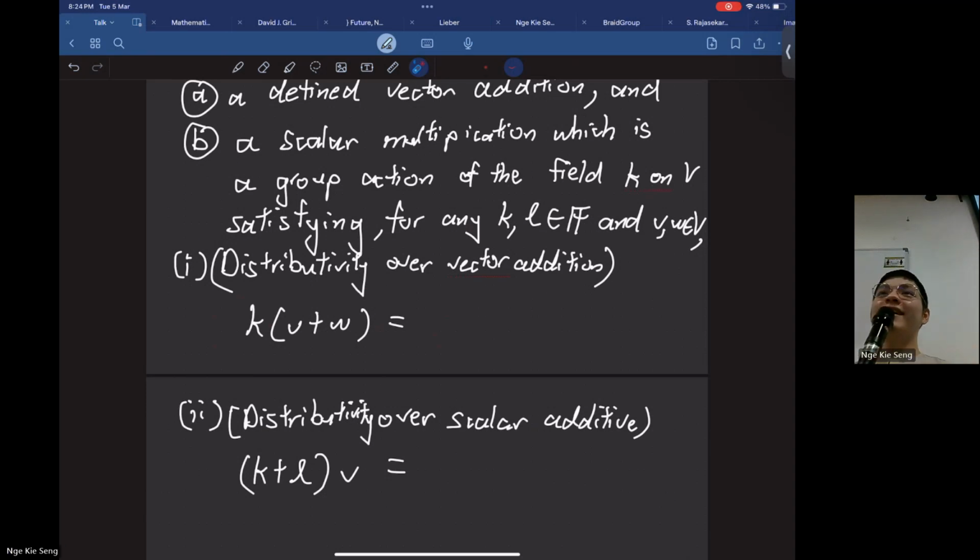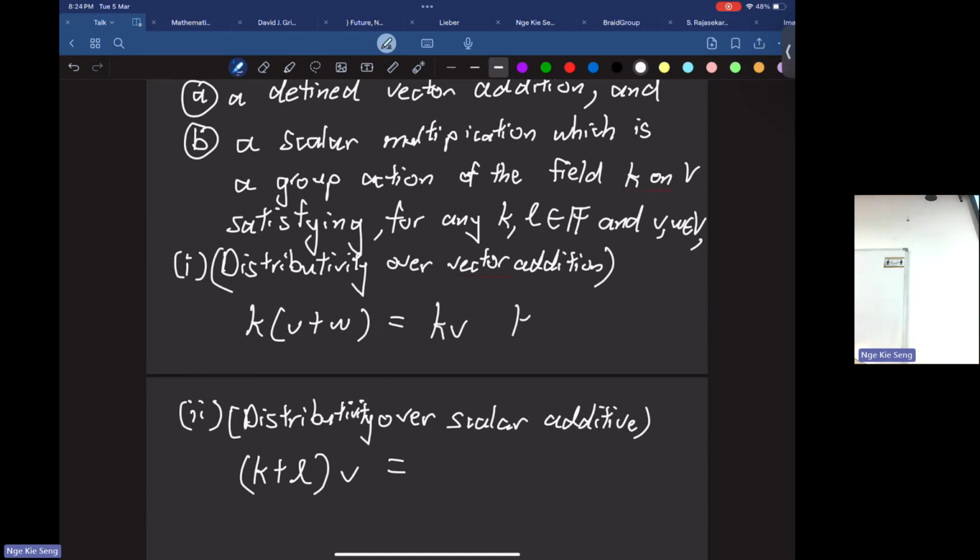Yes, you can do the addition first, or scalar multiplication first and then add them together. The next one is you can do scalar multiplication first, and then do vector addition. The way you talk about it is very important in higher algebra or representation theory.